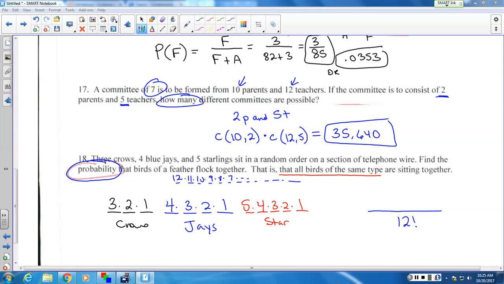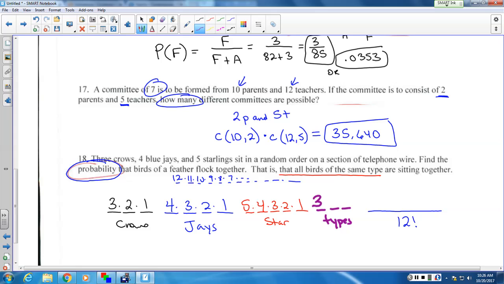Did we assume anything? Yes. We assumed the crows were on the left, the jays were in the middle, and the starlings were on the right. So we need to take that into account. How many different types of birds could have sat on the left? 3. Then how many types could go in the middle? 2. And that leaves 1 for over here. So I'm going to do 3 dashes to represent the order for the types of birds.